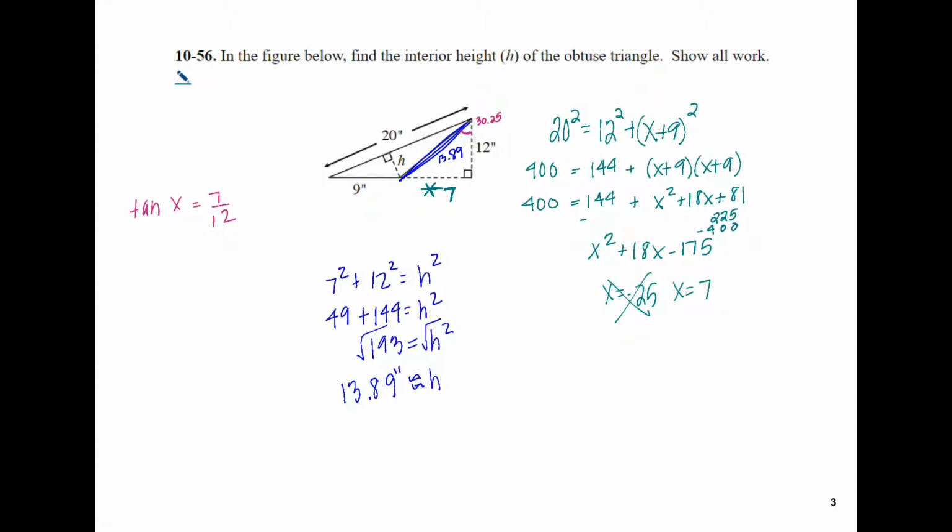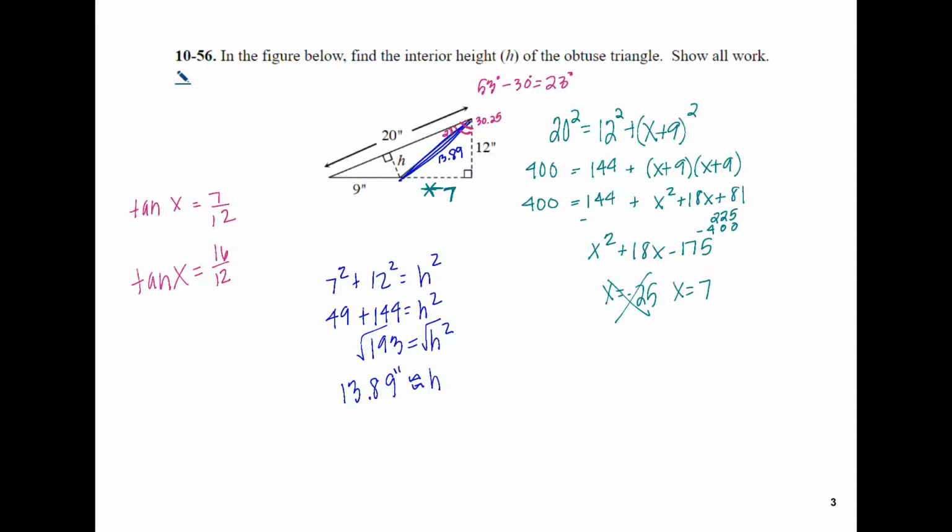I can find the tangent of the entire angle by taking 9 plus 7, which is 16 over 12, and using the inverse tangent. So I have an angle that equals 53 degrees. The entire angle equals 53 degrees. So if I subtract 30 degrees from that, I know that my angle I'm working with is approximately 23 degrees.